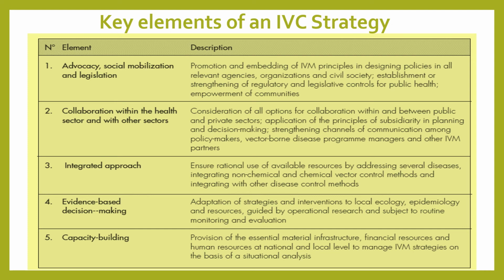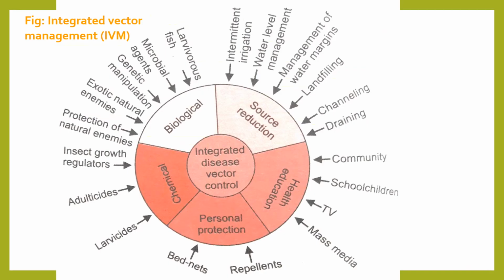So these are the key elements of an integrated vector control strategy. This figure is of integrated vector management. Here we can see there are various methods of vector control, like source reduction, which is a part of environmental control. Though this is a permanent method, it takes time. So you can support this with biological control, like using larvivorous fish.